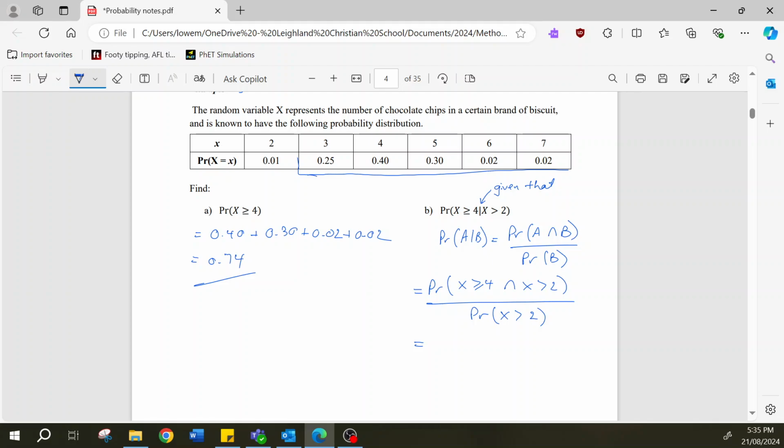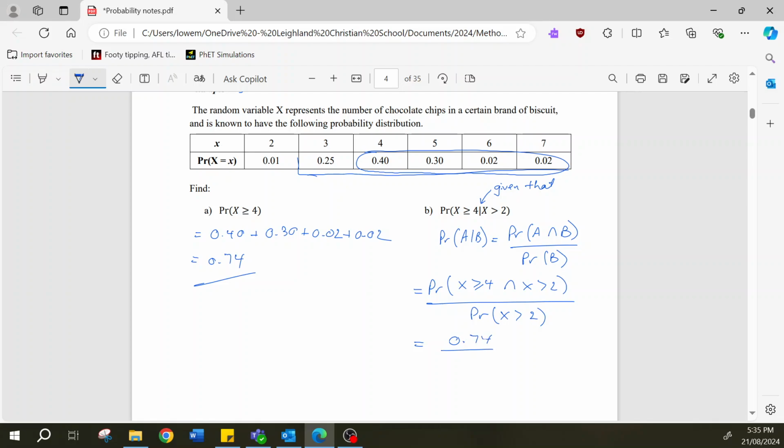Well, if it's greater than or equal to 4, the sum of those probabilities will satisfy both of these conditions, x being greater than or equal to 4 and greater than 2. So that's going to be 0.74.